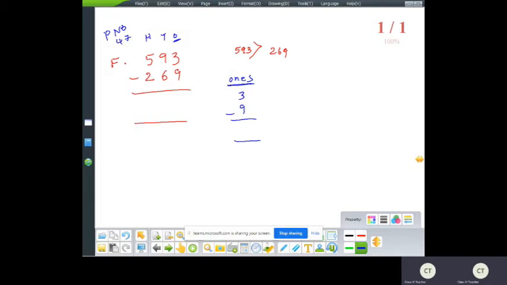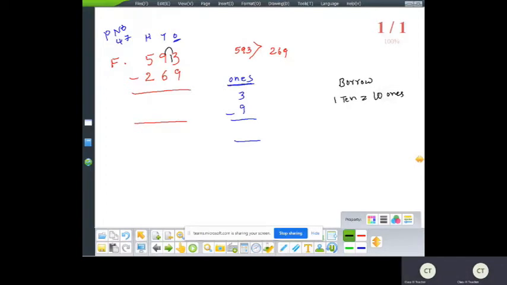Now we need to borrow. We take a borrow from the beside number, 1. Borrow means 1 ten is equal to 10 ones.